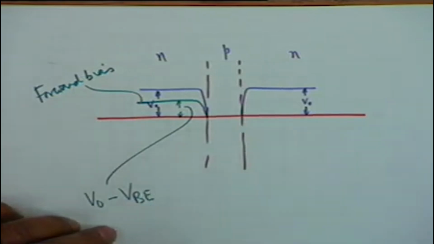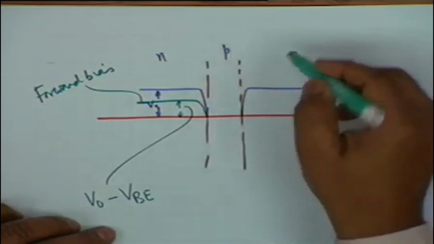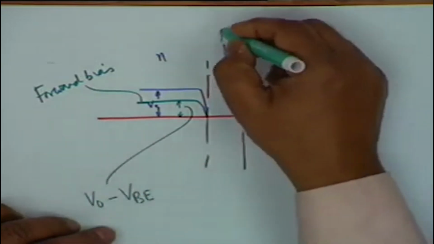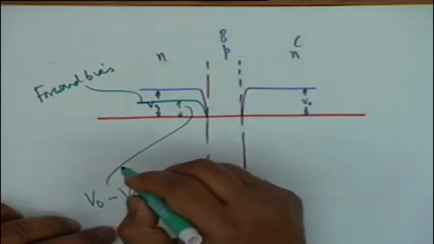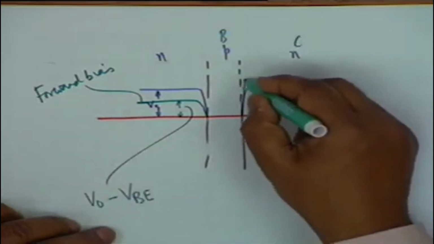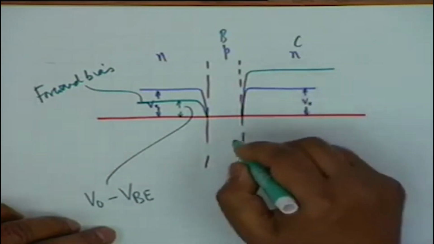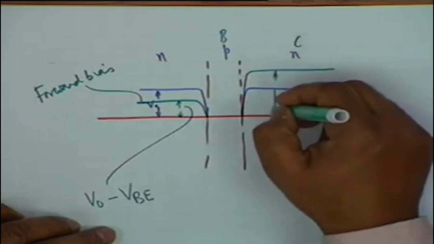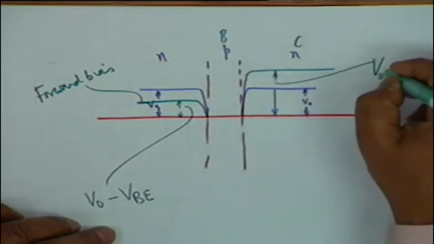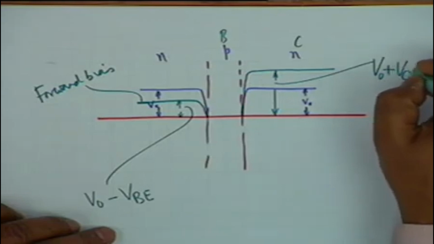On the other hand, the PN, the collector base junction, is reverse biased. So what happens? This potential barrier goes up, and this height shall now be V0 plus VCB.